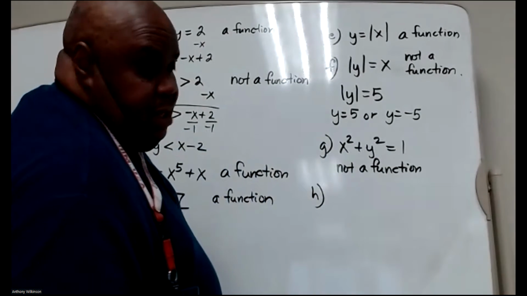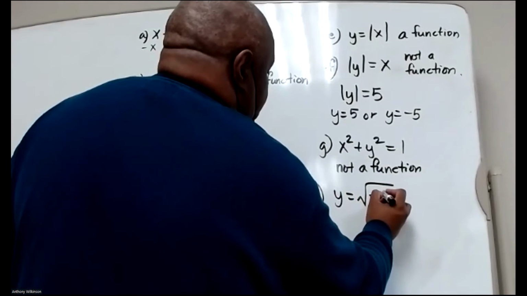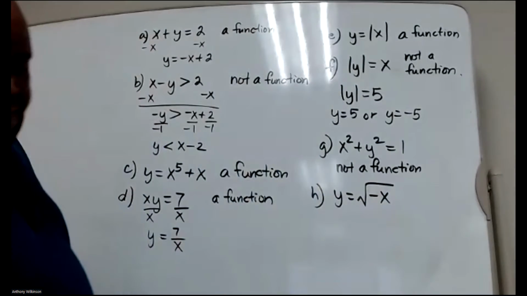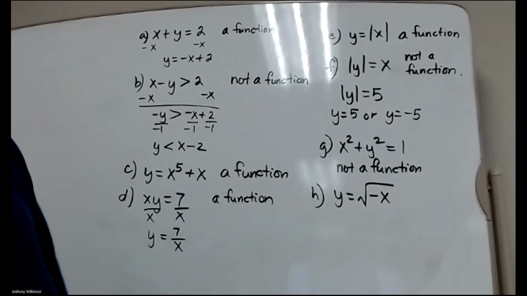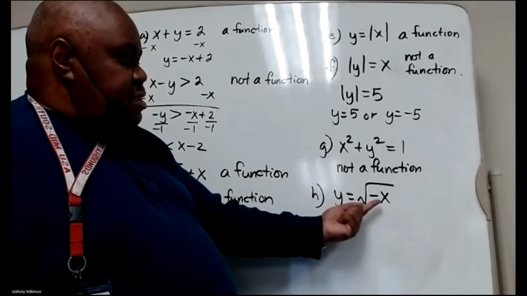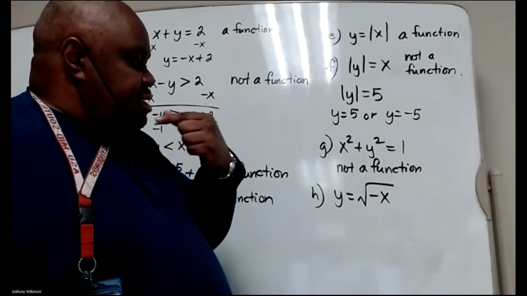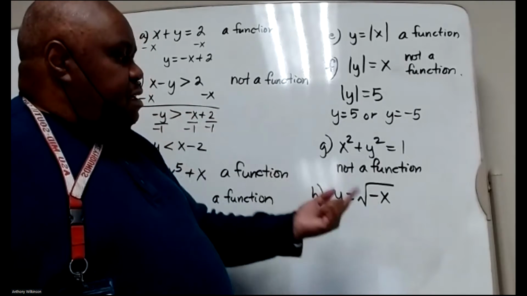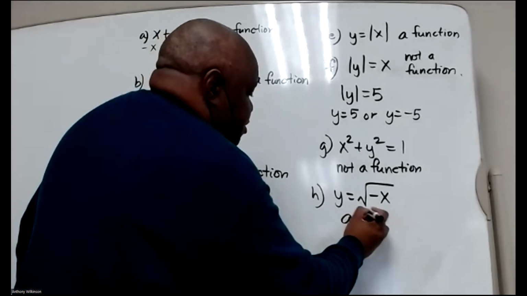And finally, y is equal to the square root of negative x. It is a function. Okay. As long as x is less than 0, this would work. Okay, so it is a function.